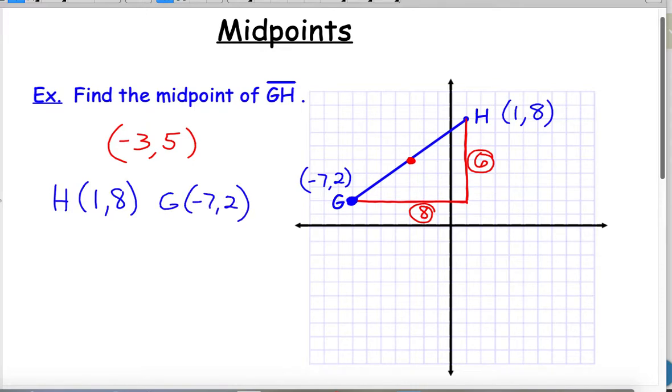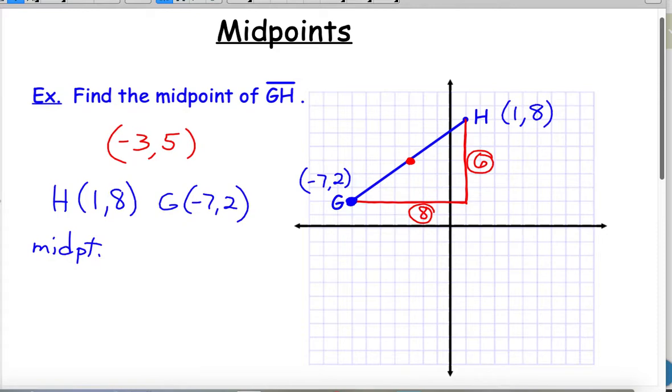So to find the midpoint, we average the x numbers. Let me circle those. For the midpoint we're going to get 1 plus negative 7 divided by 2. That'll be the x-coordinate of my answer.